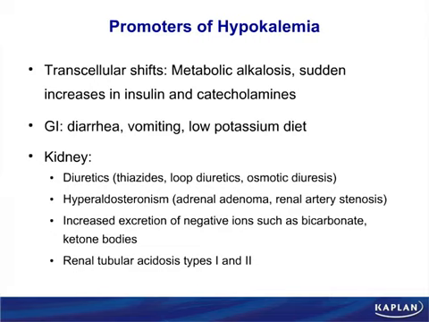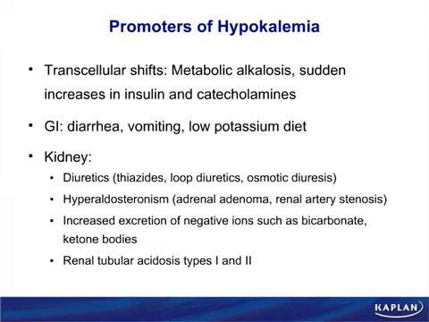So hyperaldosteronism, whether it's primary or secondary. So if you have an adrenal adenoma, that's primary. Secondary would include something like renal artery stenosis, that is secondary hyperaldosteronism, or patients with cirrhosis or congestive heart failure. Those are all causes of secondary hyperaldosteronism. They could all lead to hypokalemia because of increase in renal excretion of potassium.